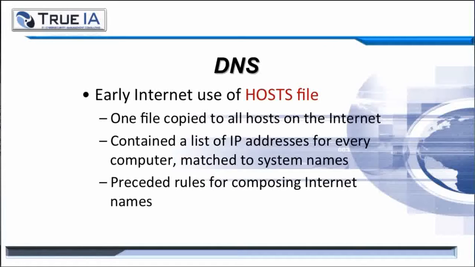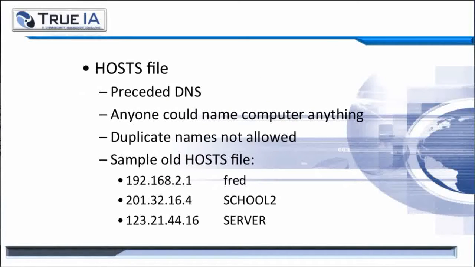Early internet use used what was called the host file. It was one file copied to all hosts on the internet. It contained a list of IP addresses for every computer matched to the system name. The host file preceded any type of DNS that you and I might know today.